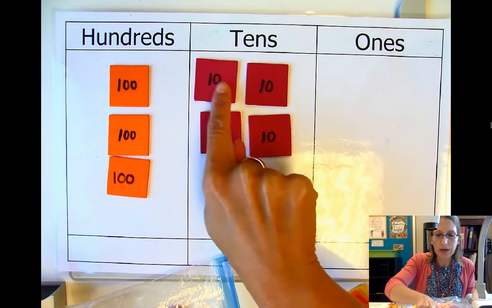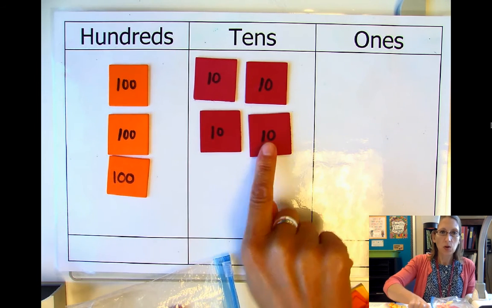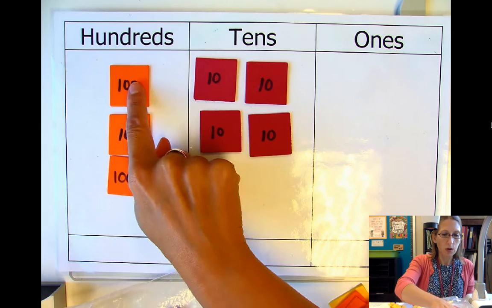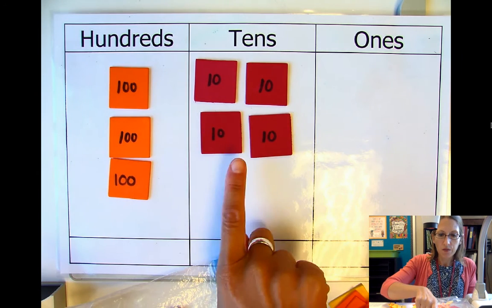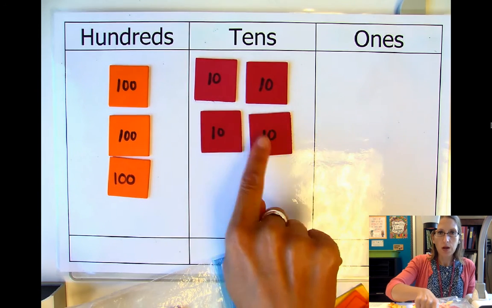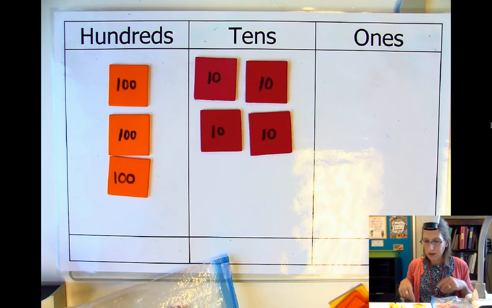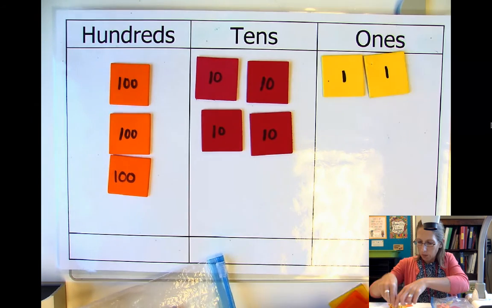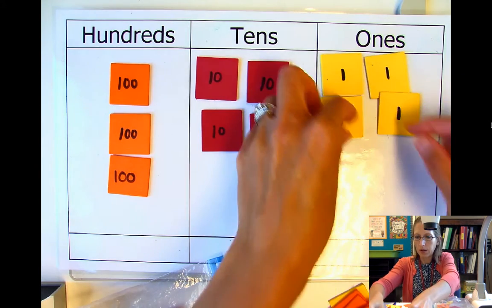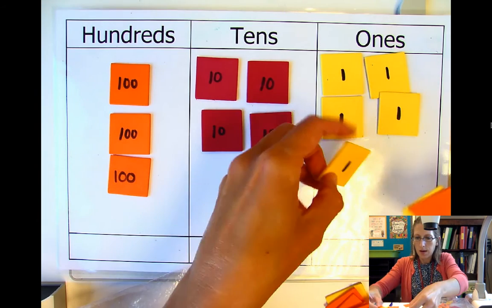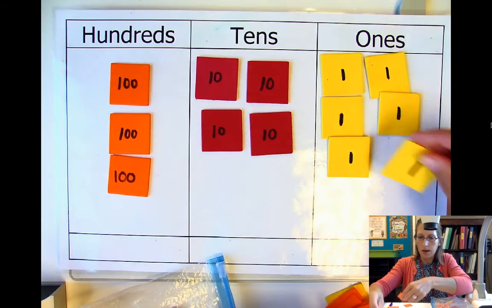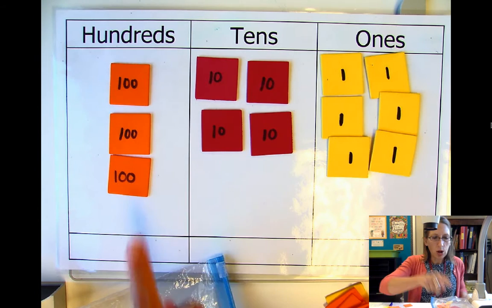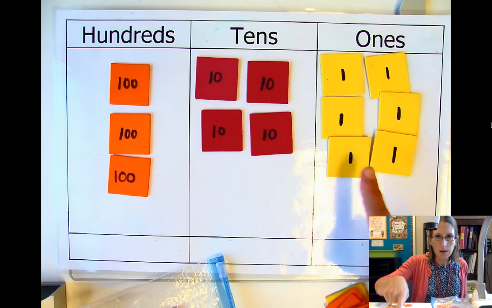All right, so we've got 10, 20, 30, 40. So far we have 300, 100, 200, 300, 40, 10, 20, 30, 40. And now I think we said 6, 346. So we're going to put some of these here on our place value chart. And now we have 346.